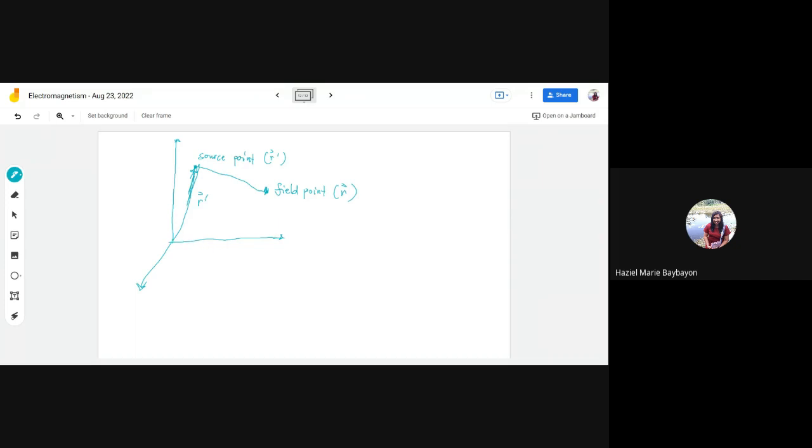And from the origin towards the field point, this is vector R. This is the separation vector. This is the separation vector script R, and it is equal to R minus R prime.